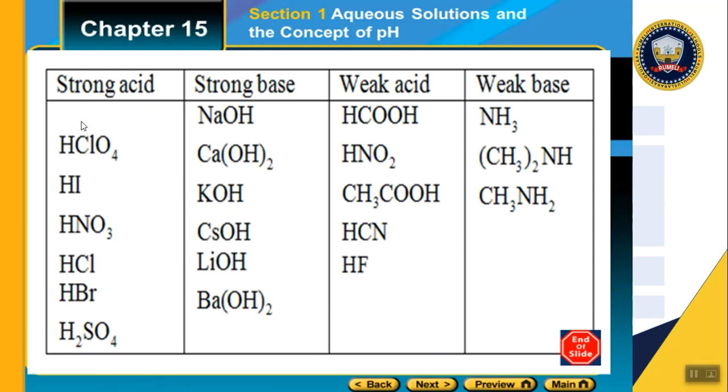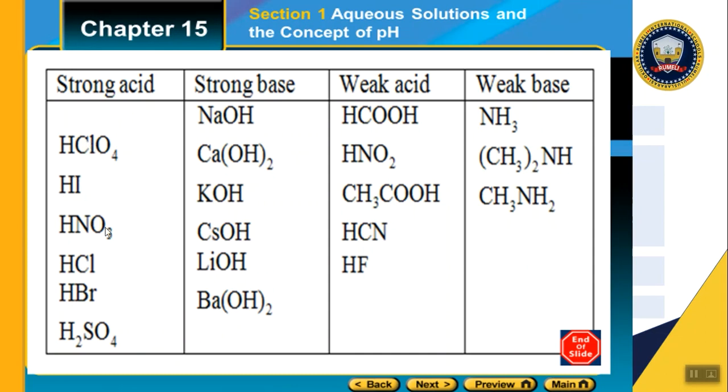It classifies the strengths of acids and bases. You should understand that HClO4, which is perchloric acid, is the strongest acid in chemistry.